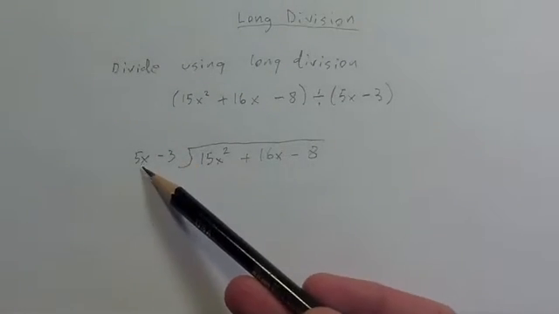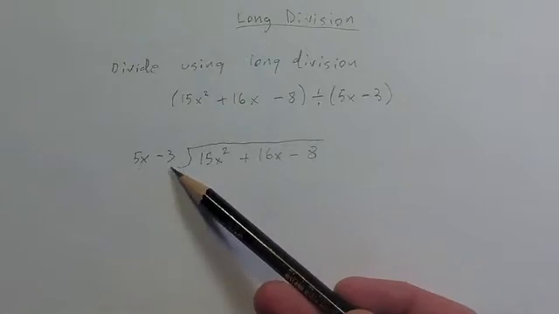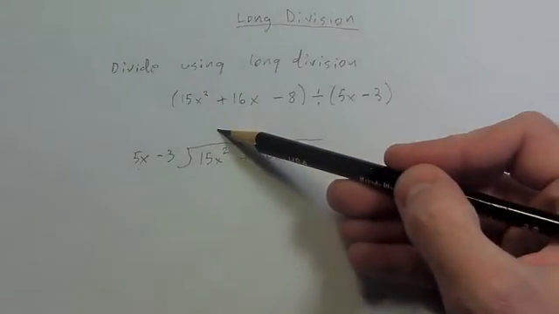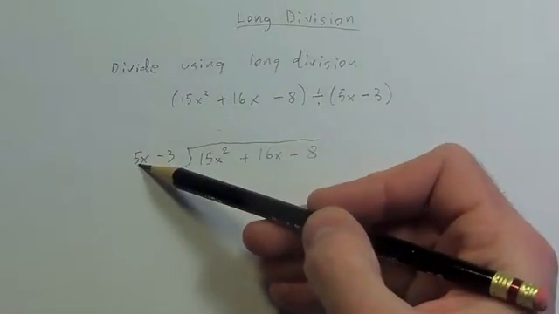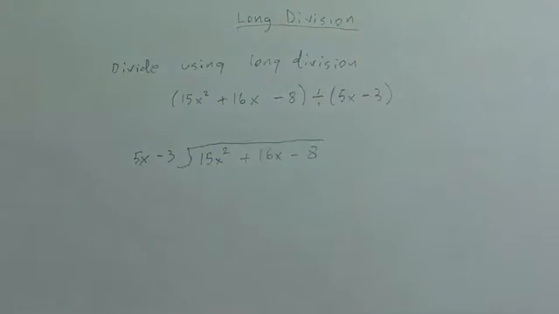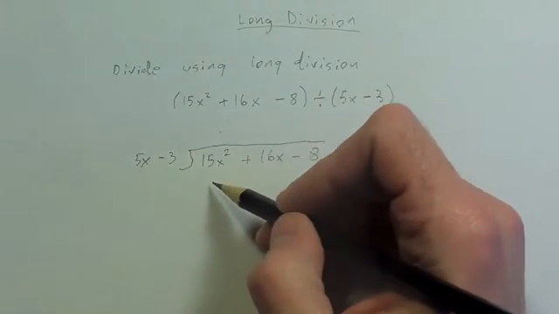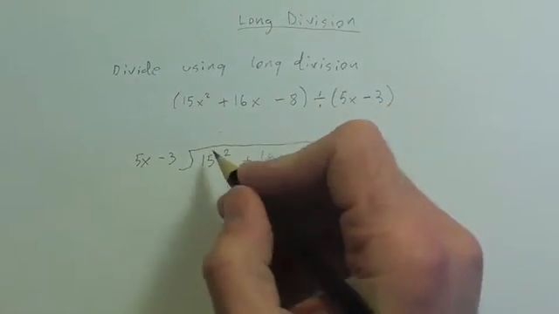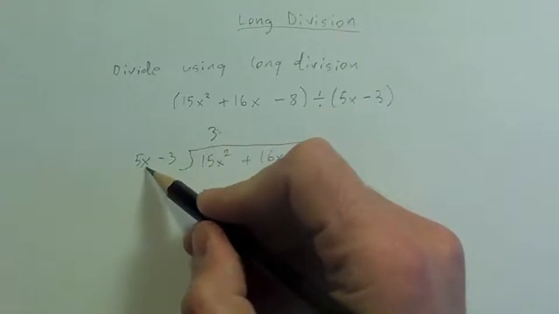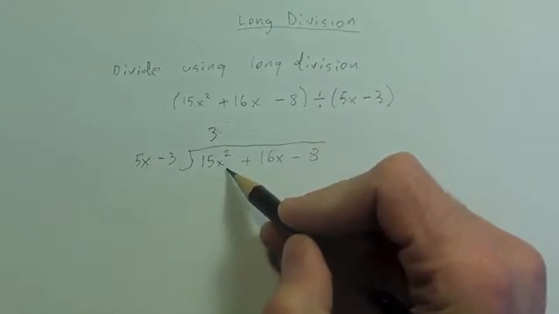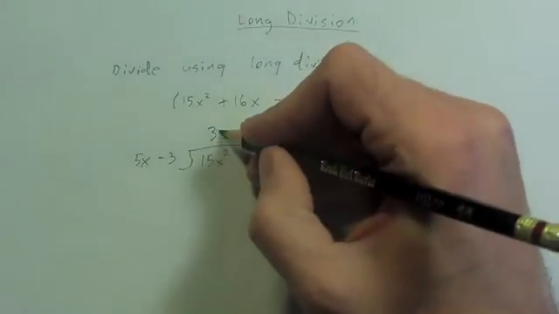We have 5x minus 3 here. I want to find something that if I multiply 5x by it, I get 15x squared. To multiply 5 by something to get 15, I need a 3, and to multiply x by something to get x squared, I need an x.